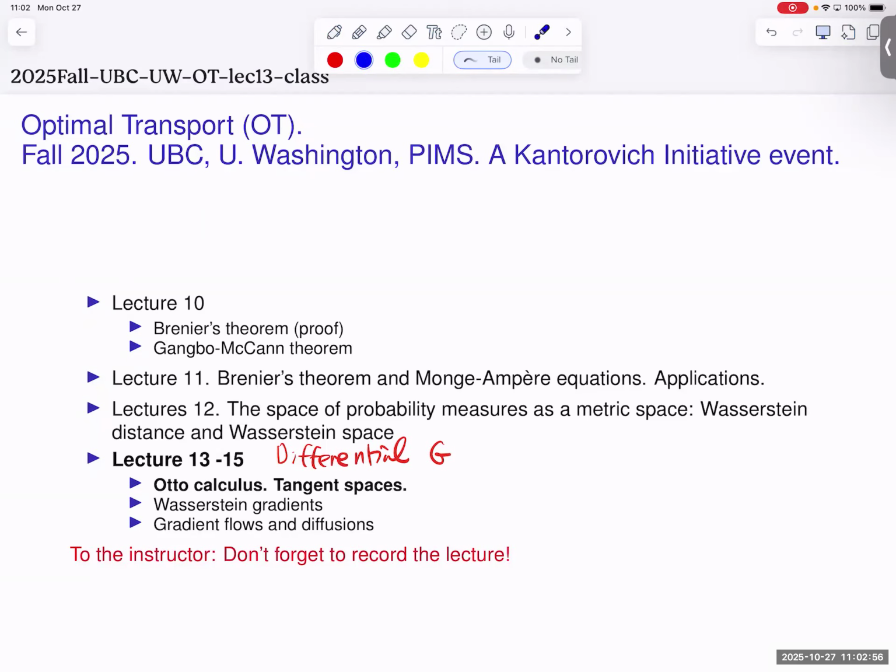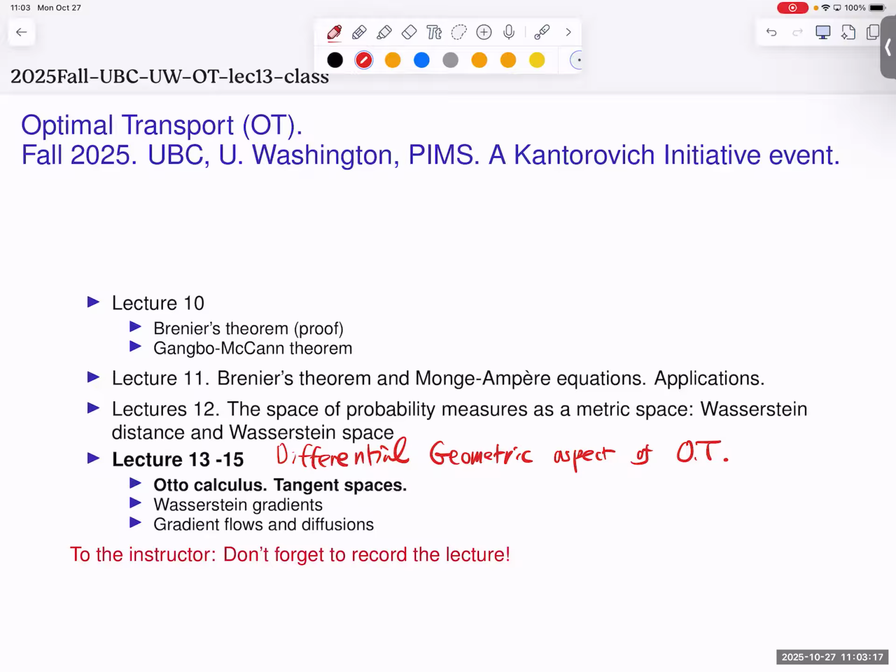So this is lecture 13, and today we will discuss differential geometric aspect of optimal transport, which is one of the fundamental features of optimal transport.